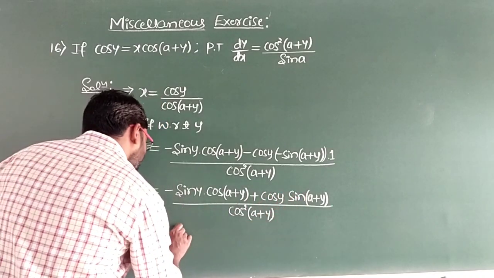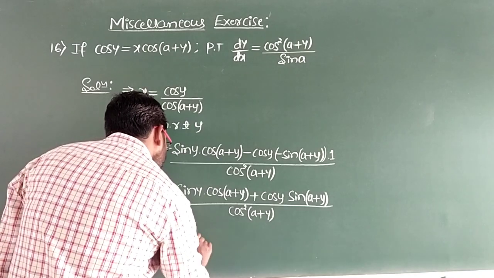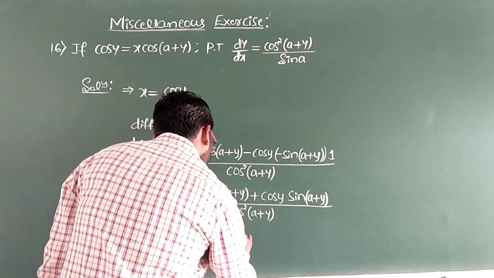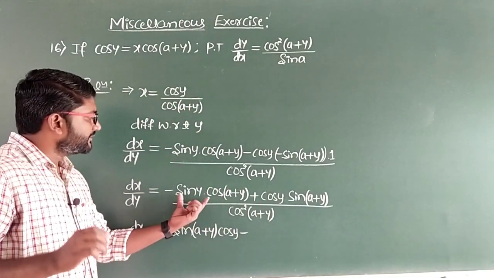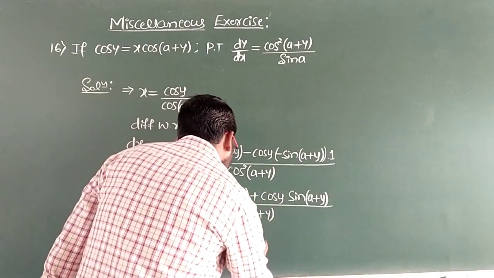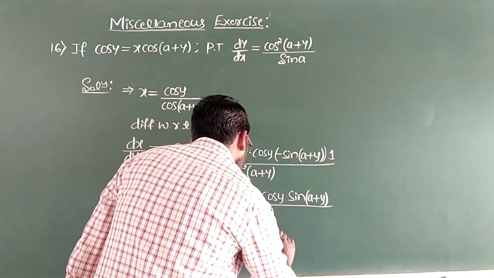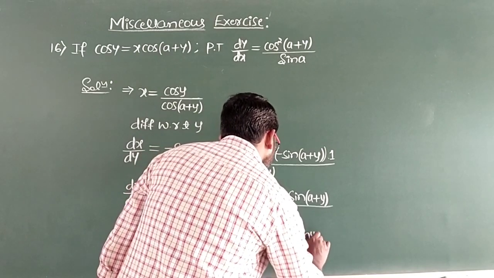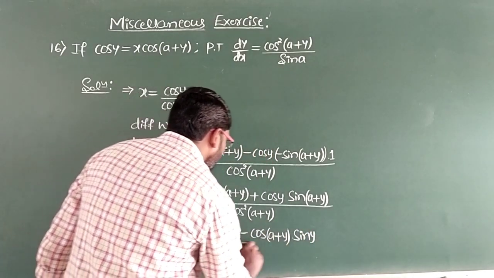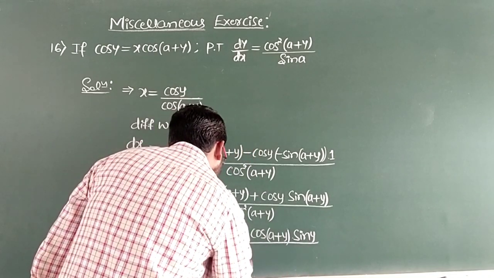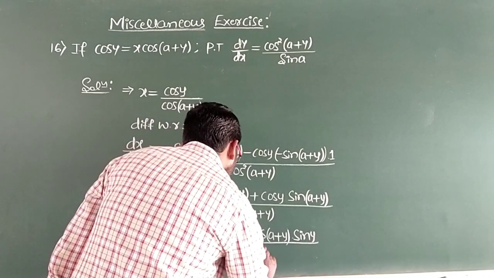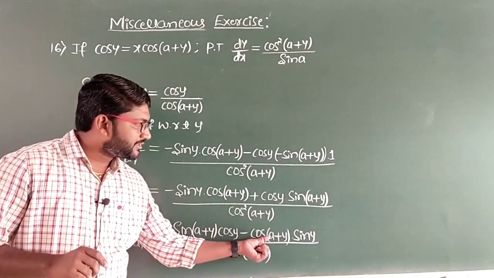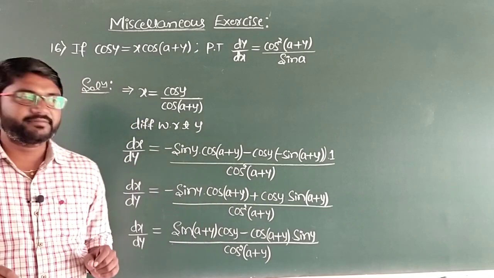So sin of a plus y into cos y minus, now I will write this one, it is cos of a plus y into sin y, then whole divided by cos square a plus y. Now it is in the form of sin a cos b minus cos a sin b, can be written as sin of a minus b.